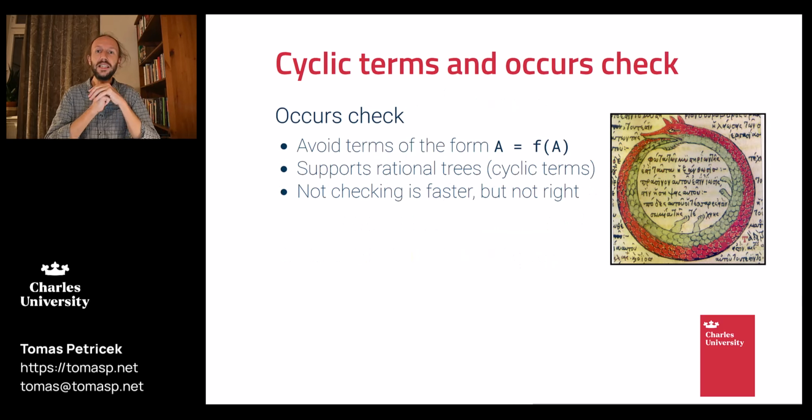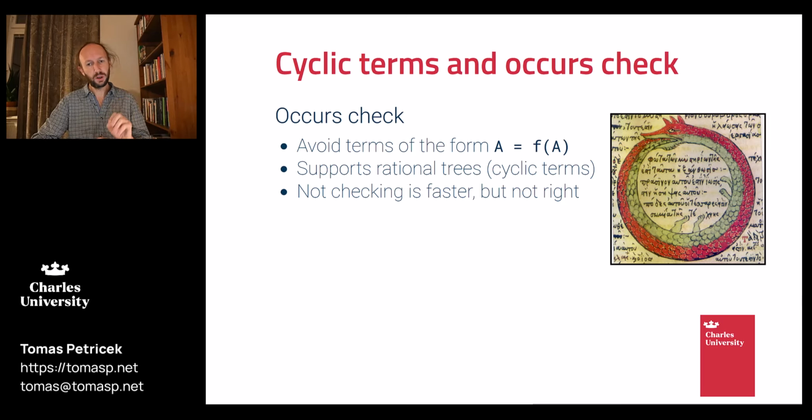The other interesting technical detail in Prolog is occurs check. We had this in TinyML, where we wanted to make sure that you never unify a type variable with a type that includes the same variable. And in Prolog, there's an interesting thing happening because Prolog does not do this by default.